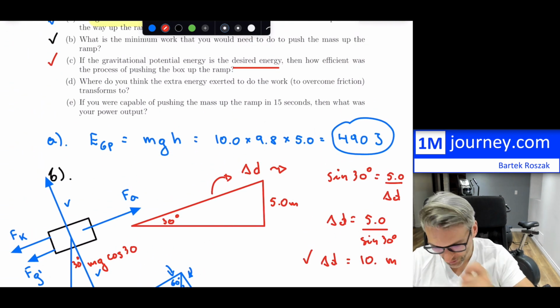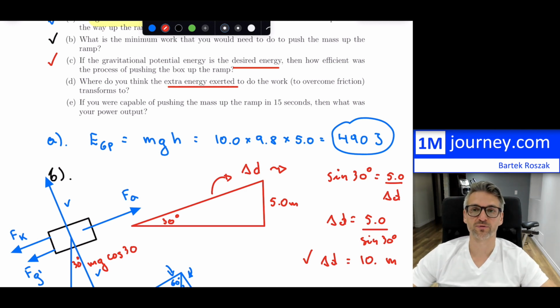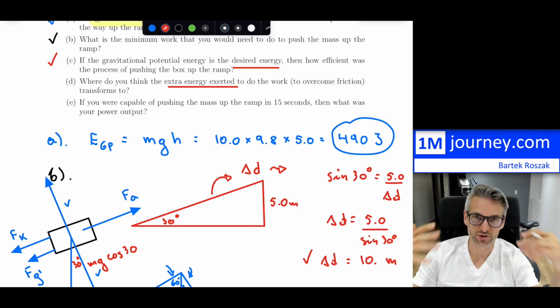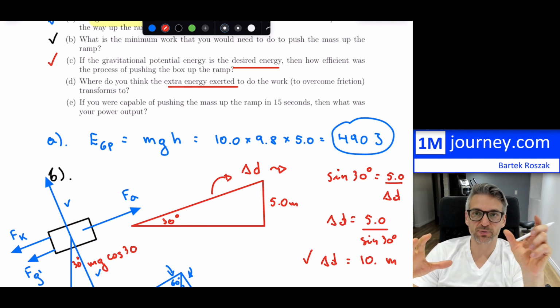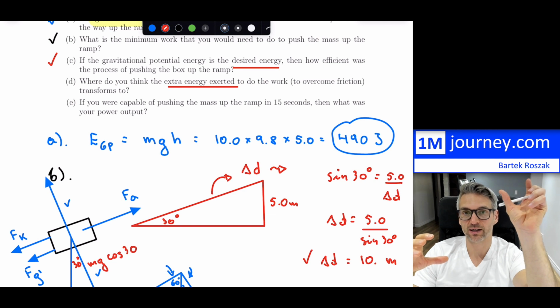Now, where do you think the extra energy exerted to do the work to overcome the friction transforms? Because energy is always transformed from one form to another, if you're pushing it, the chemical energy within you is transferred into mechanical energy, so you can push this thing up. And about 70% will go to the potential energy of that object as it is placed up there.